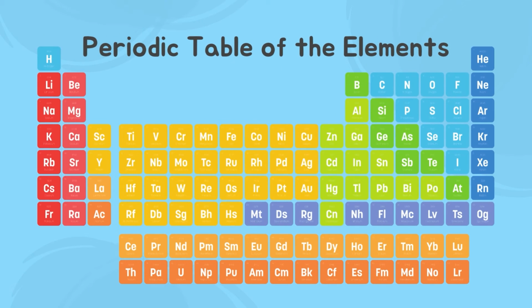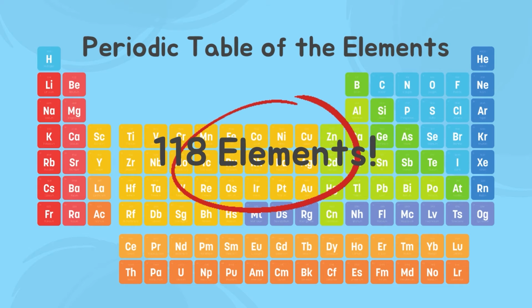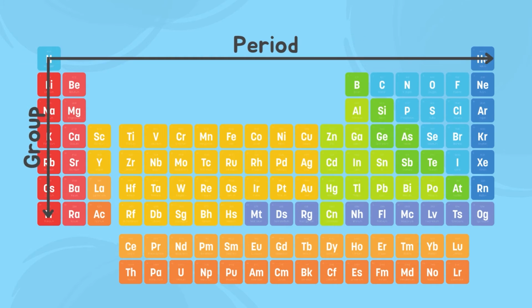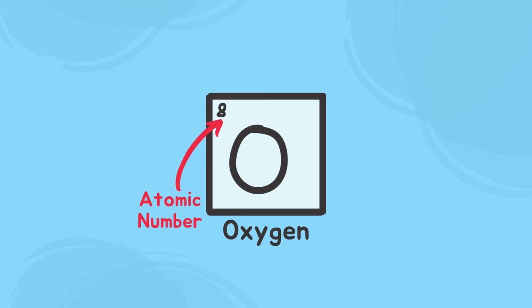Okay, let us move on to elements. What are elements? There are 118 elements in the world. Scientists create a table to group all 118 elements by similar elements. The periodic table is called periodic since each row in the table is called a period. The sequence of elements is determined by the element's atomic number, which is displayed on the top left of each element. Each element is determined by differences in their atomic structure.